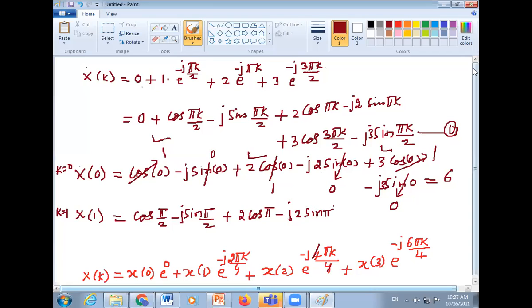Then what about third part? Plus 3 cos 3 pi by 2 minus j 3 sin 3 pi by 2. क्या होगा यहाँ पे?